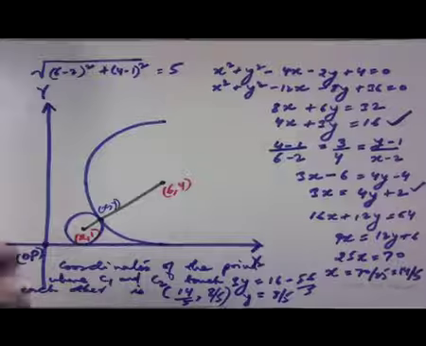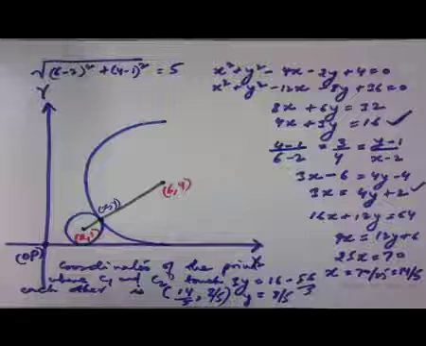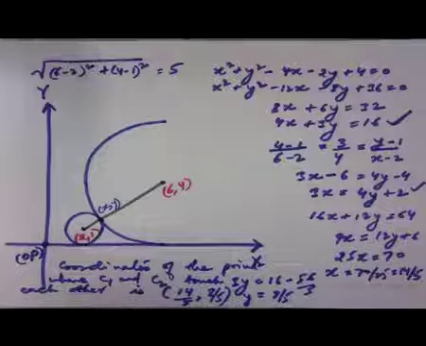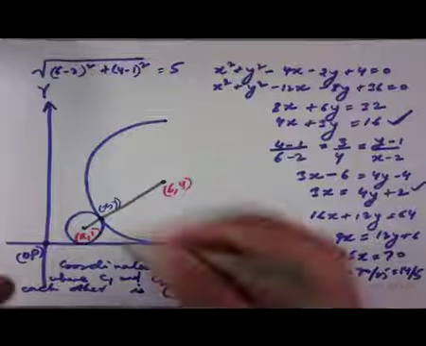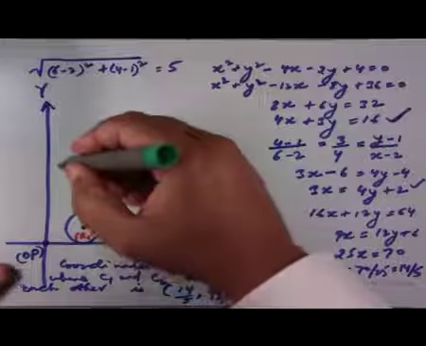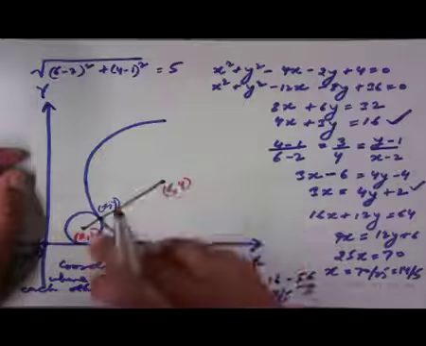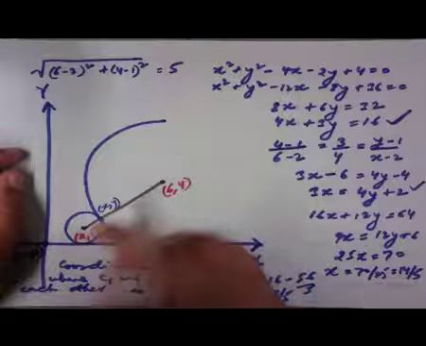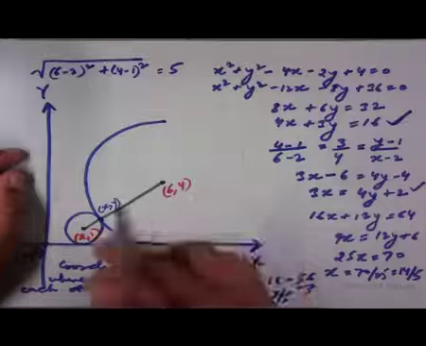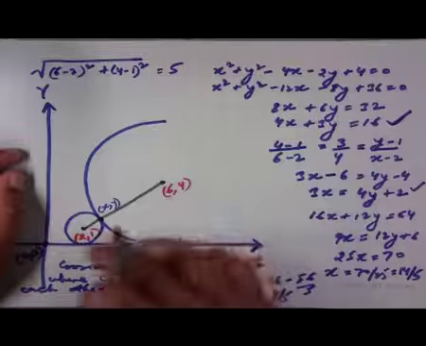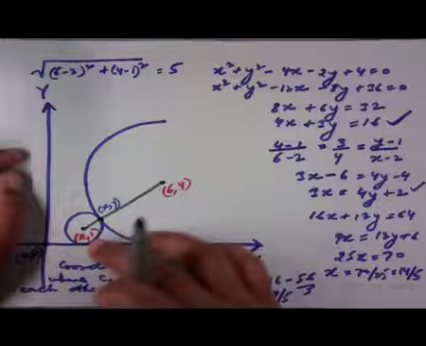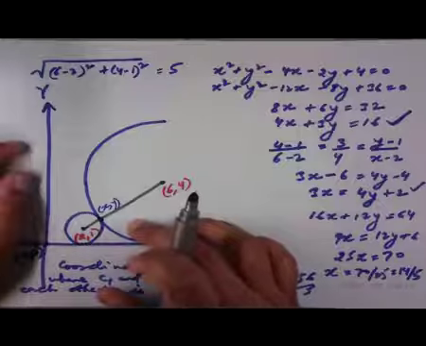But that only solves one part of the question, because we were also asked to find out the equation of the transverse common tangent. So, let me draw it. The transverse common tangent is basically a tangent like this, which is a tangent to both the circles. So, the same tangent is a tangent for this first circle as well as for the second circle.